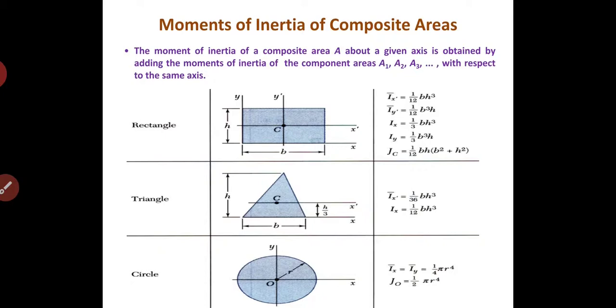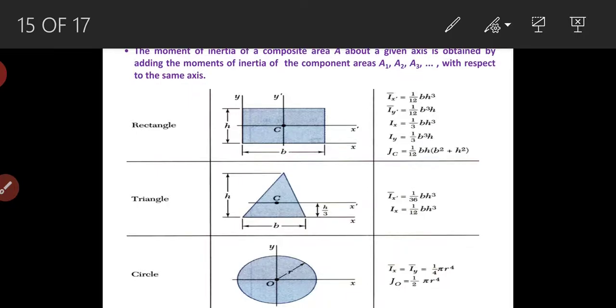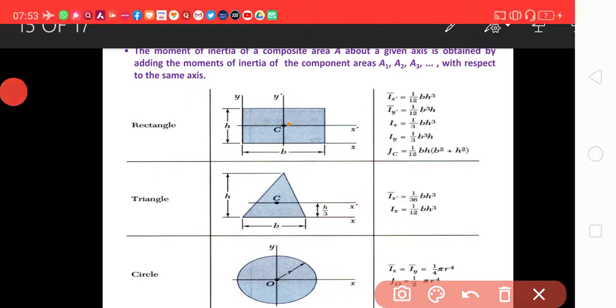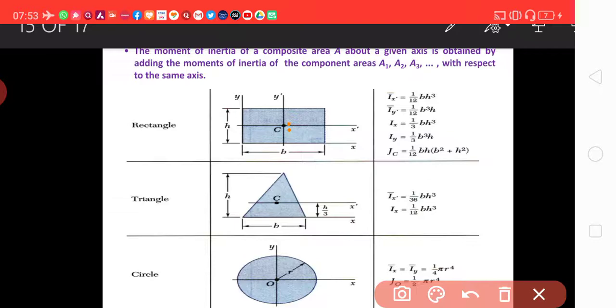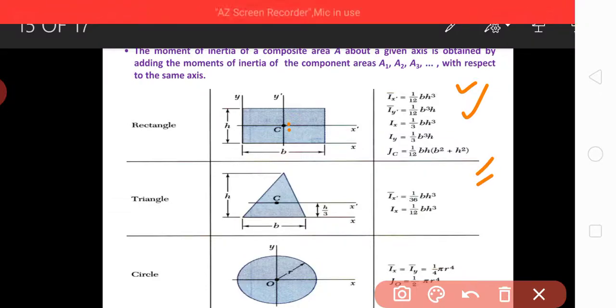And for Zc, that is any axis perpendicular to the plane, it will be 1 by 12 bh into b square plus h square. Just add these two and you will find this relation. For a triangular section, about the base, it is bh cube by 12, and about the centroid, it is bh cube by 36.